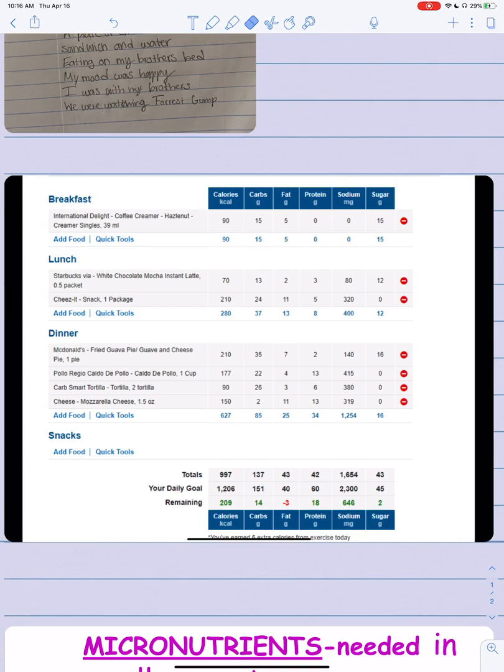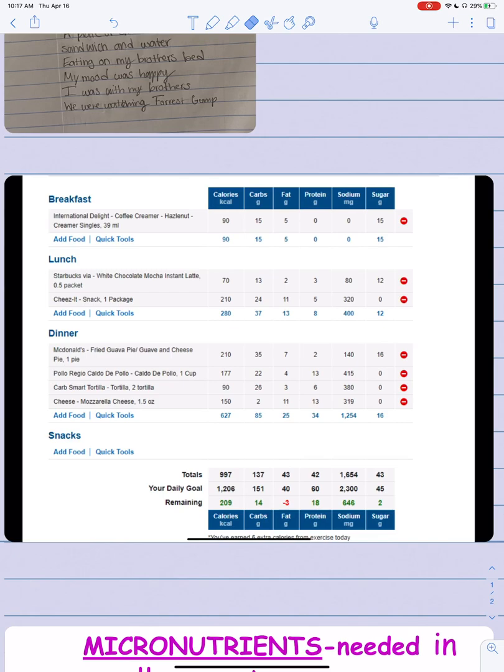And then for dinner, they had McDonald's, a guava and cheese pie. Then there was some chicken soup, some tortillas, some cheese. So that was a decent looking dinner, if you ask me.